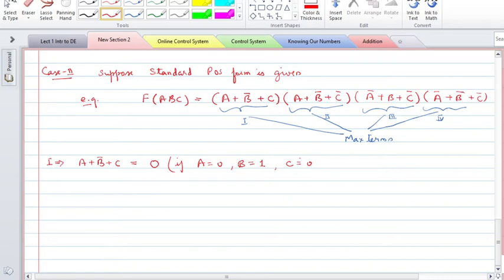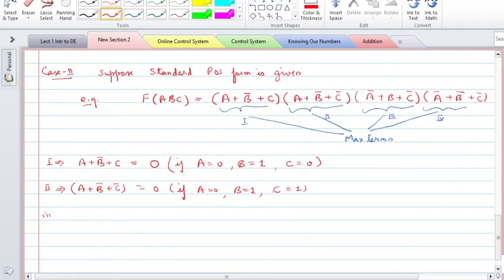Similarly, second max term, that is A plus B bar plus C bar. This will be 0 if A is equal to 0, B is equal to 1 and C is equal to 1.